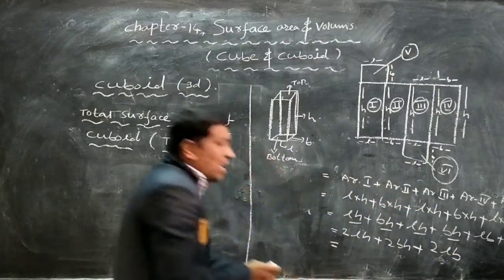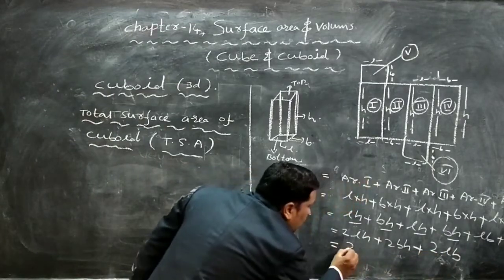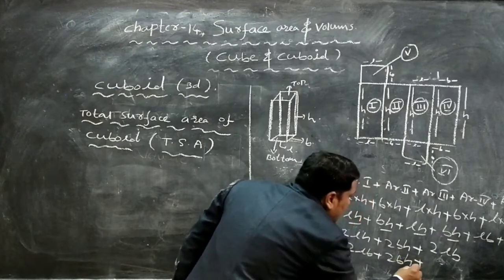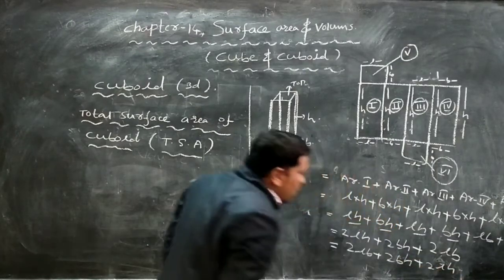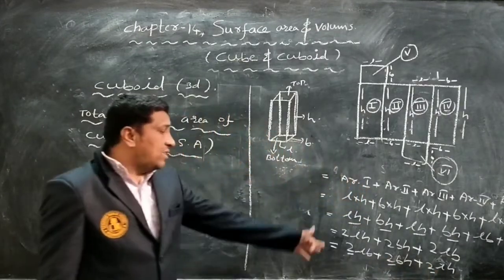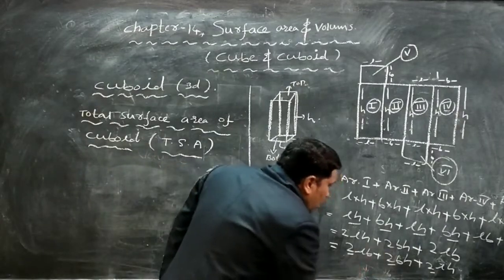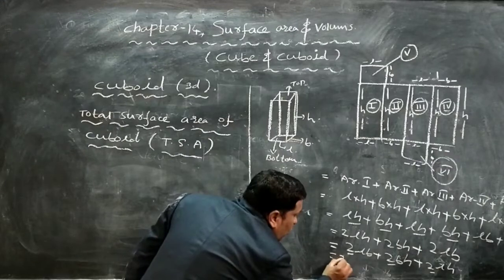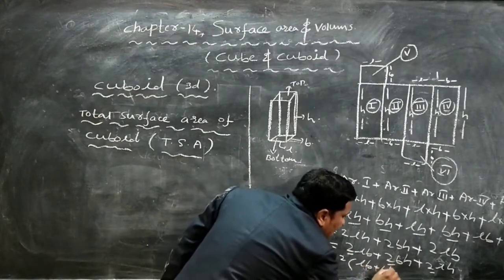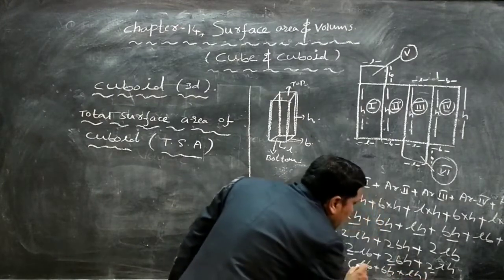So we have to write in a proper manner. Means we have to write 2 L into B, 2 B into H, plus 2 L into H. Here 2 is common for the 3 areas, and we have to write outside of 2 what is remaining: L into B plus B into H plus L into H. LB, BH, LH.